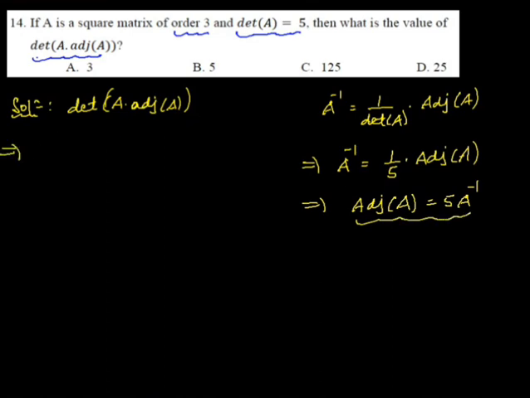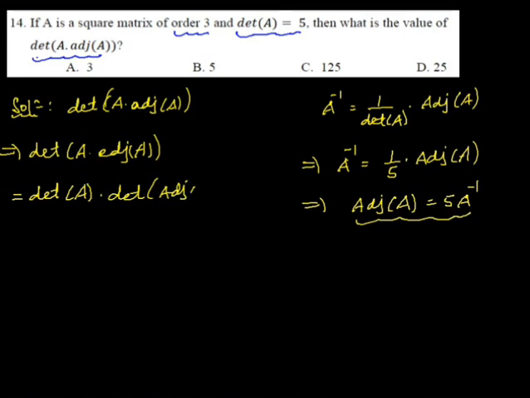Let us do the calculation. Determinant of A times the determinant of the adjoint of A. In place of the adjoint of A, I will substitute 5 times A inverse.